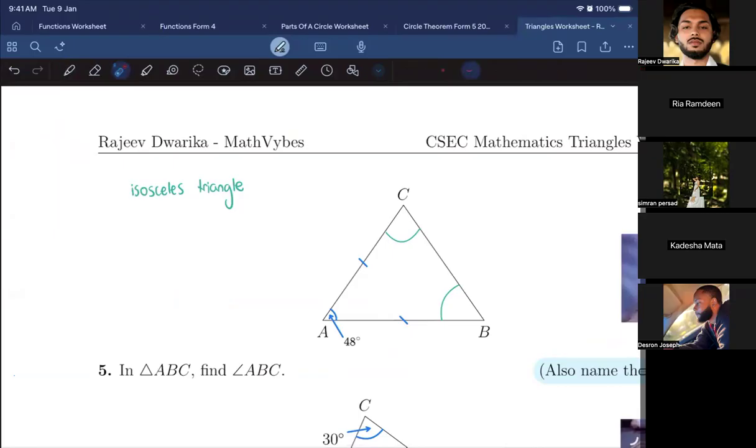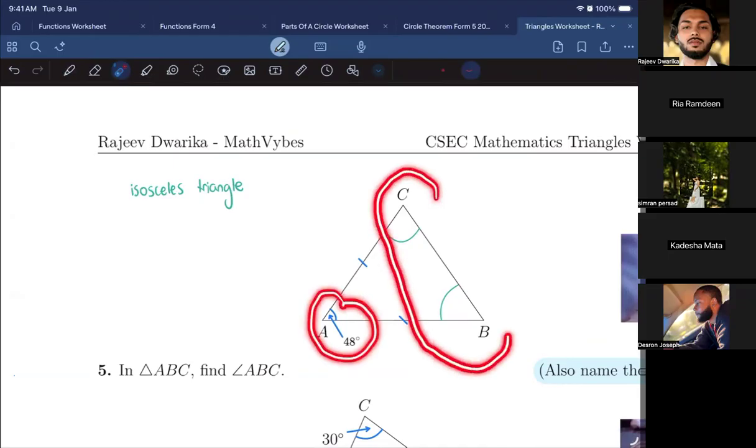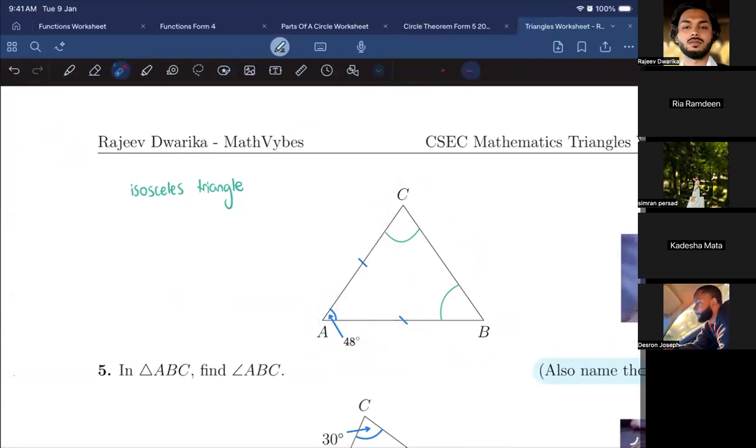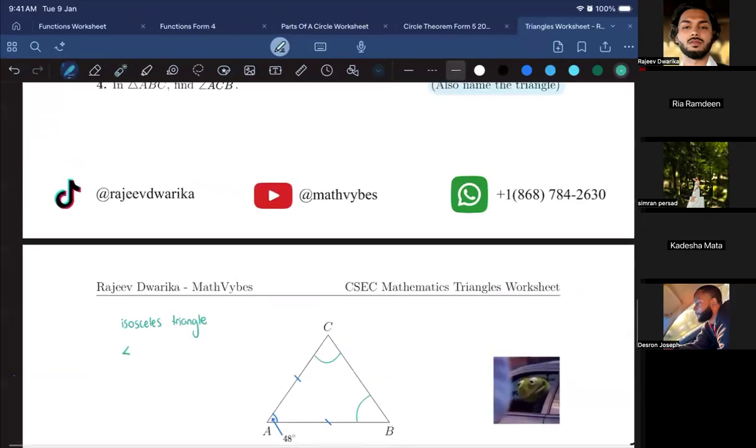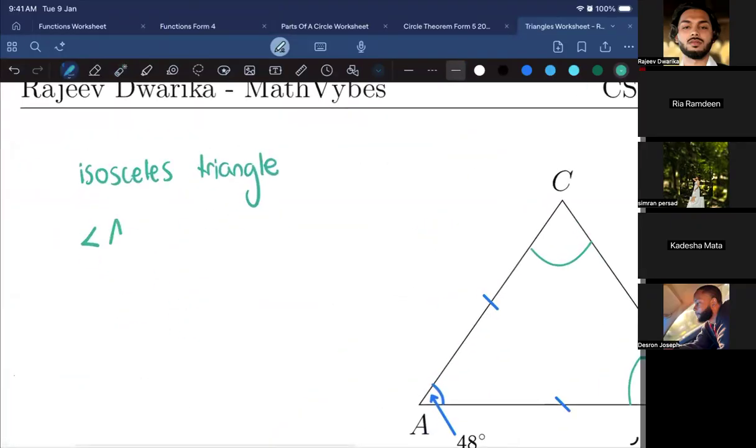Correct. So for anybody that's confused, if I take away 48 from 180, I'm going to get the remaining angles, and I know that those angles would be the same, so I can divide by 2 to find one. So angle ACB is equal to 180 degrees minus 48 degrees, all over 2.